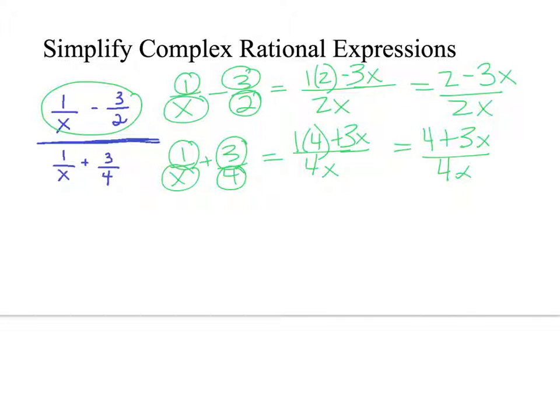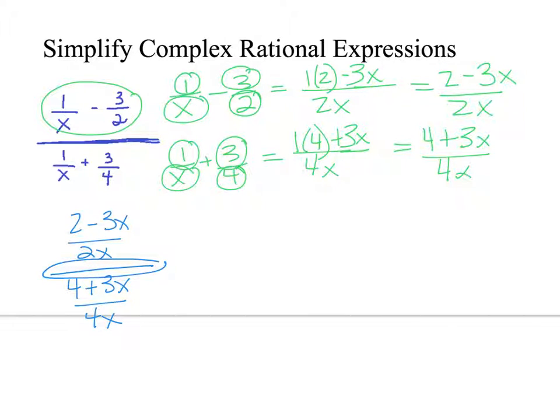Now I'm going to go back and rewrite my equation with those simplified numerators and denominators. So I get 2 minus 3x over 2x, all divided by 4 plus 3x over 4x. Now remember, whenever you're dividing, it's the same as multiplying.